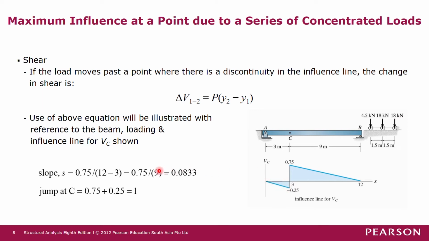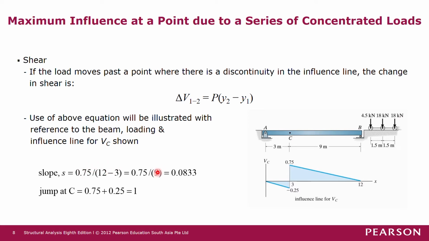Therefore we get a slope which is positive here, and the slope here and the slope here are the same. The slope here is 0.75 over 12 minus 3 meters, and it should be similar to this as well: 0.25 over 3 is the same as 0.75 over 9.